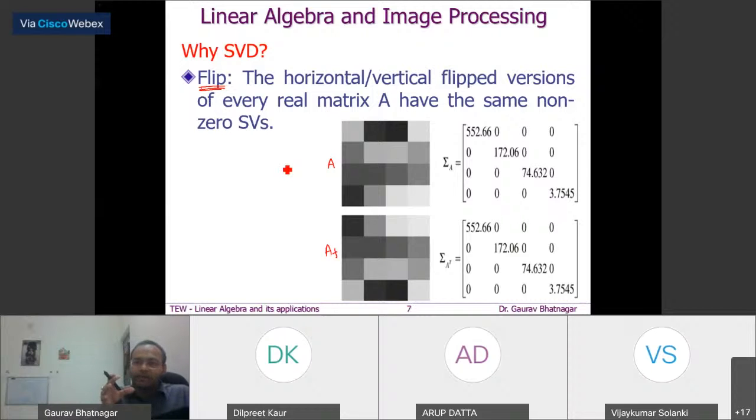So this SVD is somehow going to be resilient with respect to rotation, though only for some specific angles. But it is a very good property which can be utilized in signal processing or image processing applications.